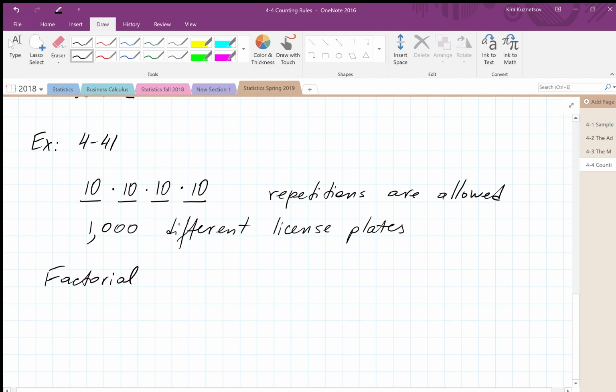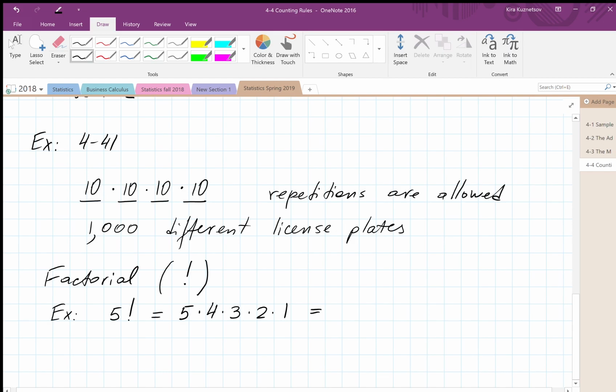I'm going to move on to the next counting rule, and we have factorial notation. The factorial uses the symbol of an exclamation point. My first example is not in the book. It's 5 factorial, and what it does is you take the first number, you multiply it by the next lower integer, you multiply by the next one, until you hit a 1.